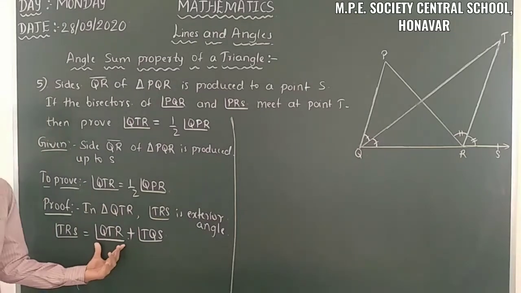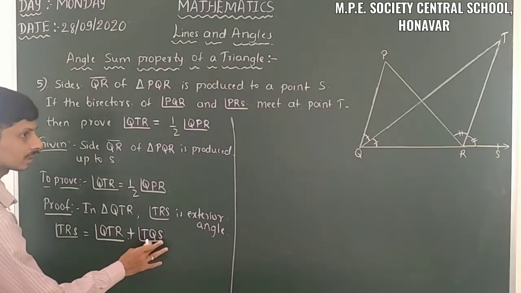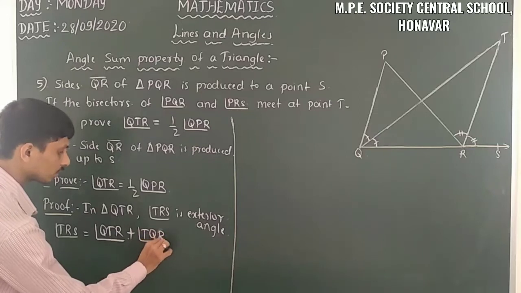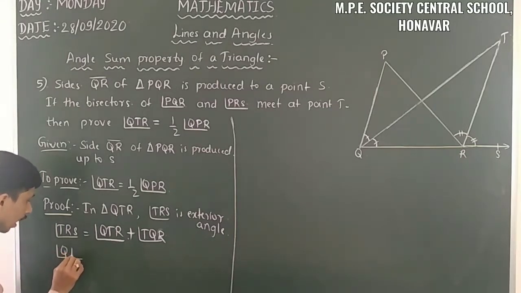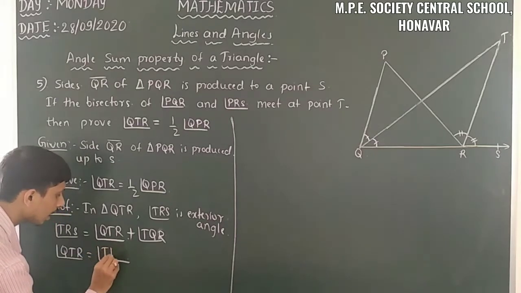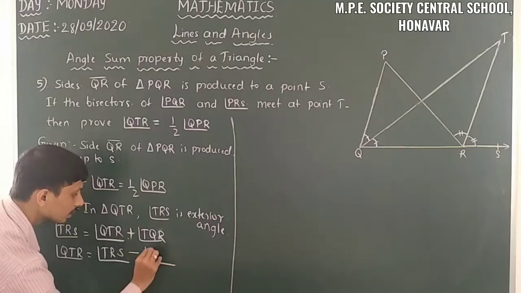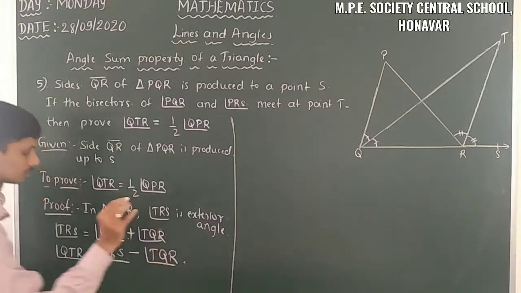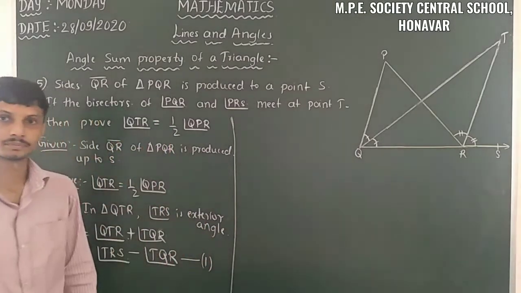We want QTR, so we transpose TQR to the LHS. Angle QTR is equal to angle TRS minus angle TQR. I will take this as equation number 1.